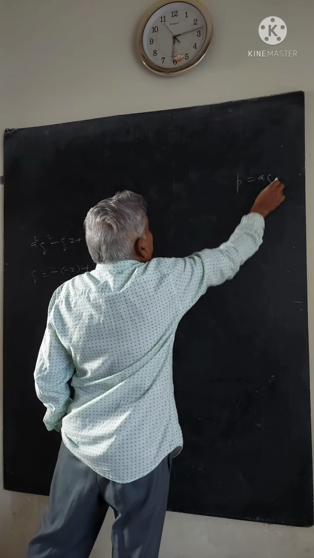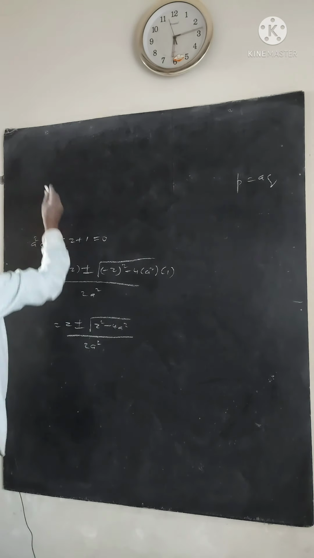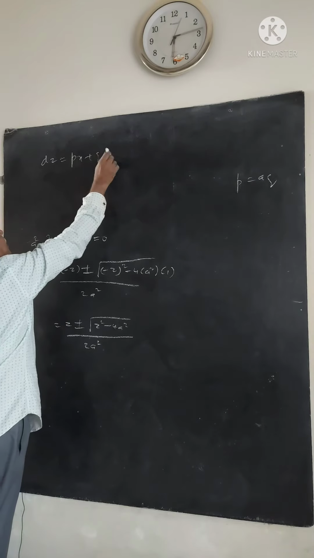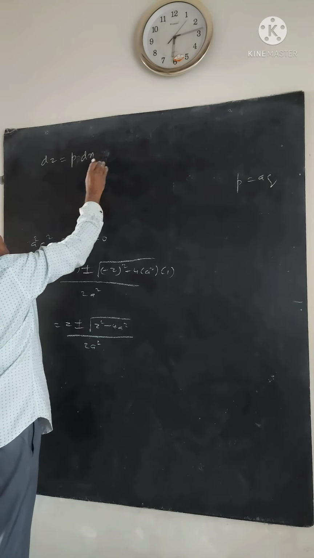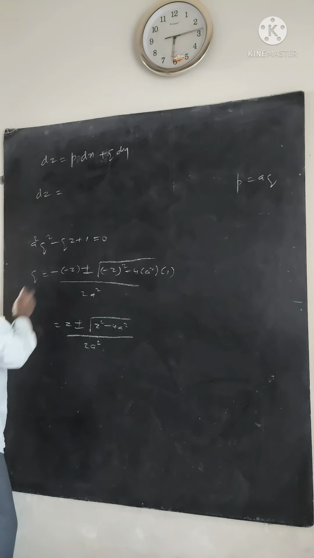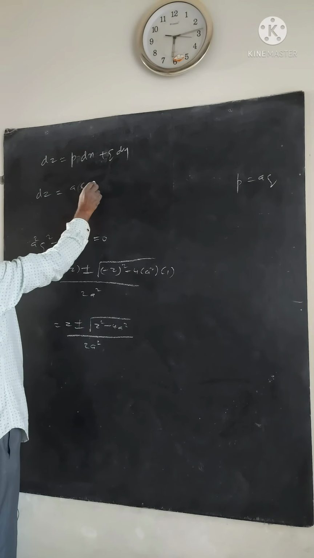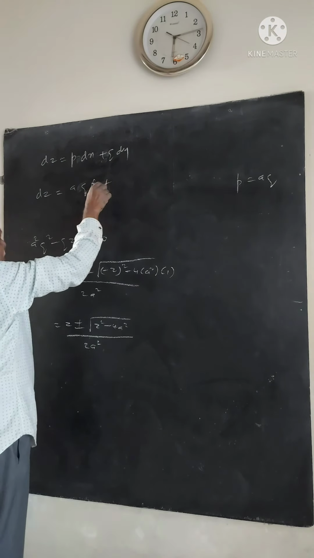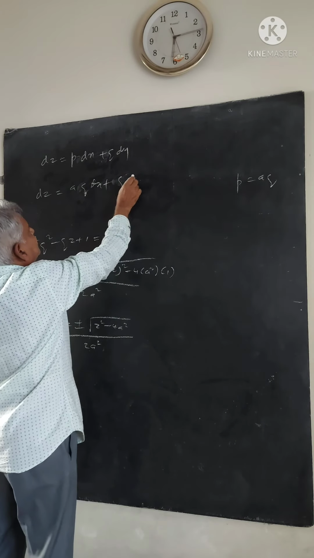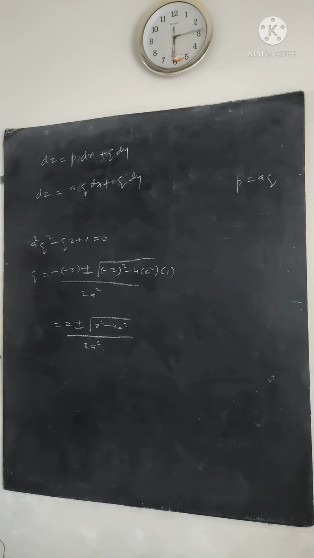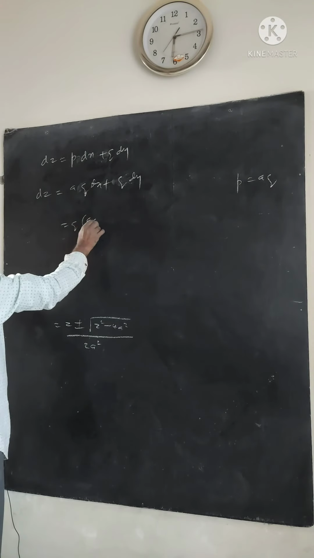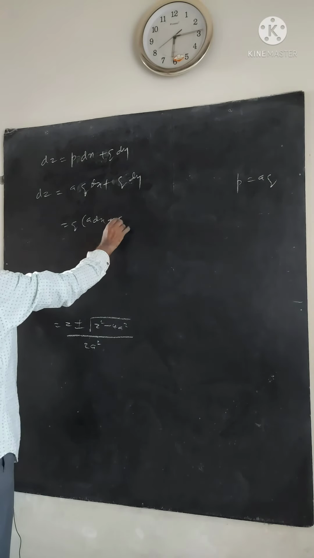p equal to aq and q equal to this. Applying in the equation dz equal to p dx plus q dy, dz equal to aq dx plus q dy. Taking q out, dz equal to q times a dx plus dy.